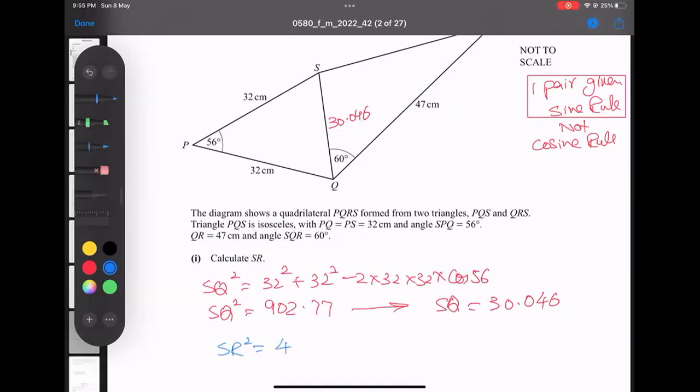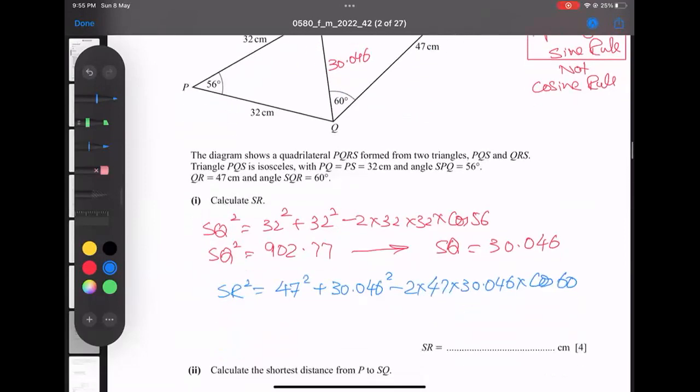So 47 square plus 30.046 square and negative 2 into 47 into 30.046 into cos of the angle between them, and the angle between them is 60.